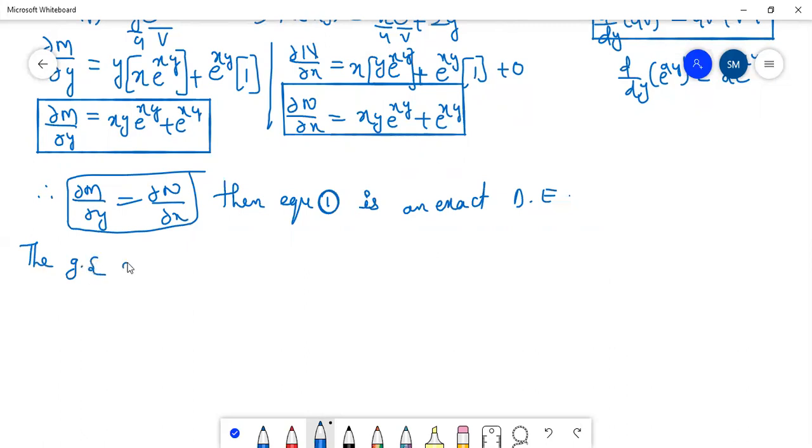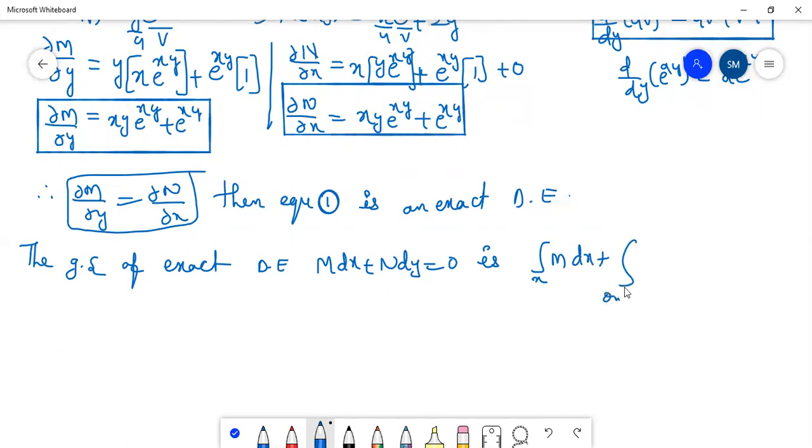The general solution of exact differential equation m dx plus n dy is equal to 0 is integral over x of m dx plus integral of only y terms of n dy equal to c.